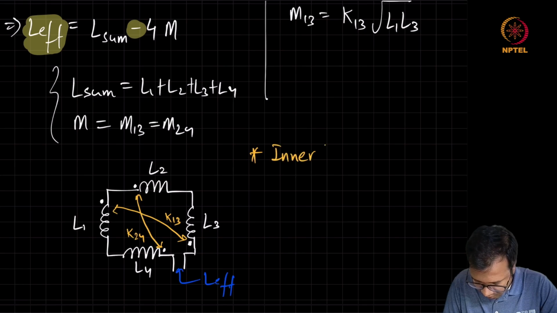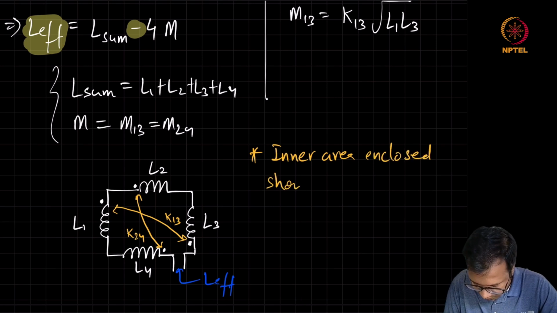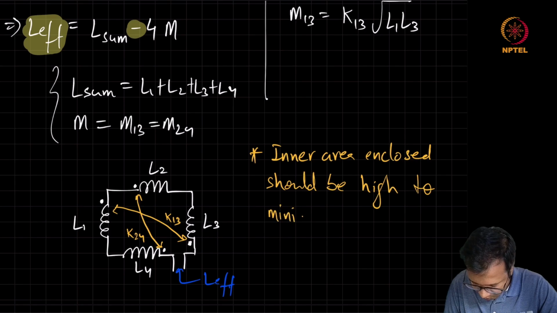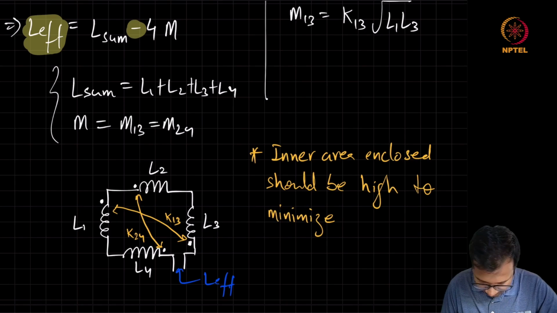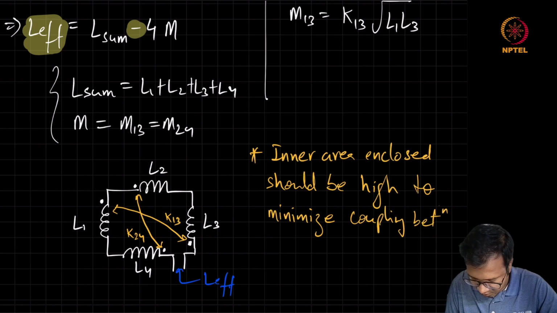Inner area enclosed should be large to minimize coupling between the segments.